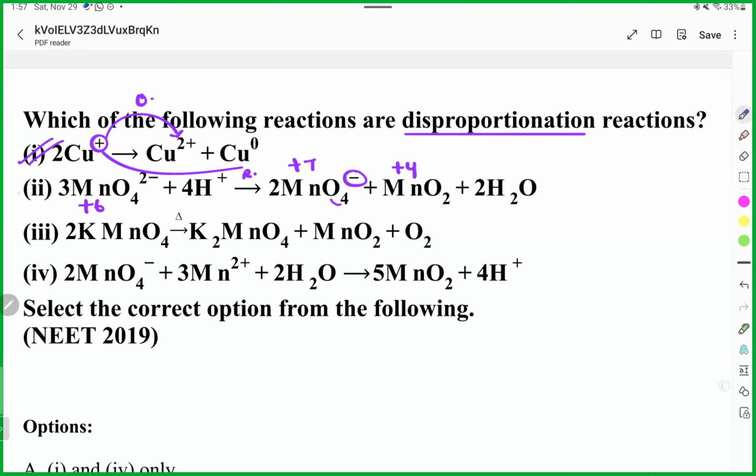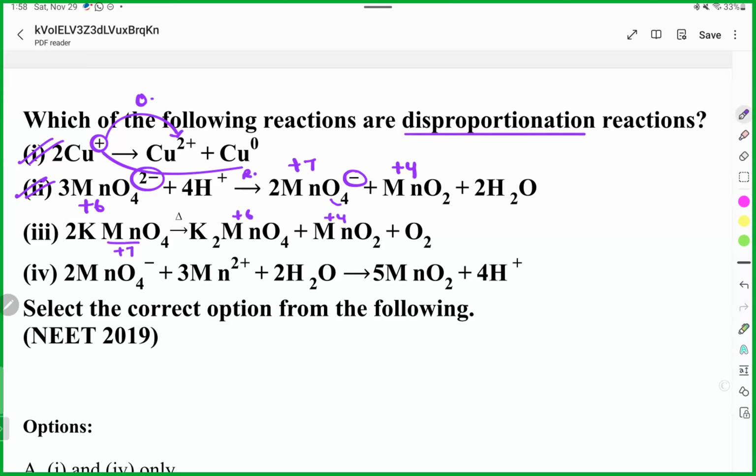First reaction and third reaction, no? KMnO4: 4 times 2 is 8, -2, so 6. Here manganese is +7, this is +6, this is +4.